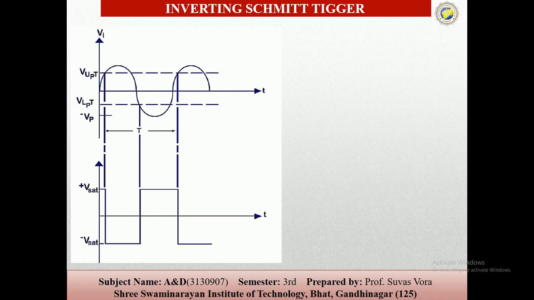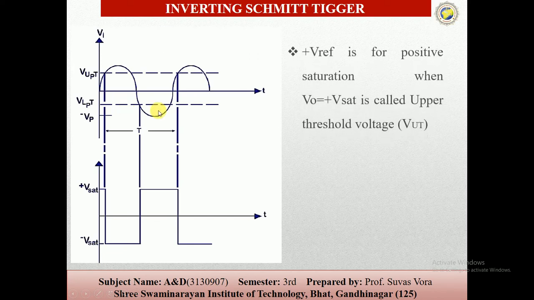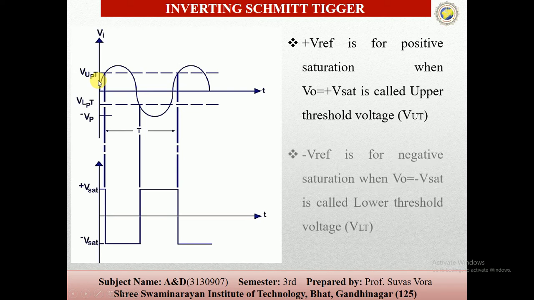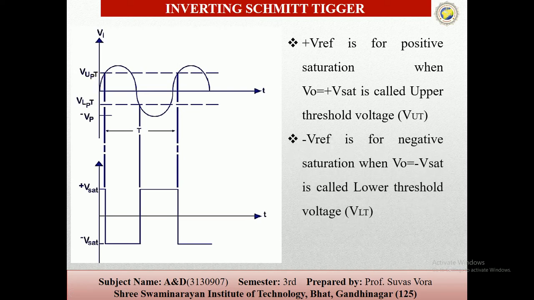Now the inverting Schmitt trigger waveform has two main concepts, the upper limit and the lower limit. The positive V reference is for the positive saturation, and this is called the upper threshold voltage, VUT. The negative one is for negative saturation when V0 is in the negative state, and it is called the lower threshold voltage, VLT.